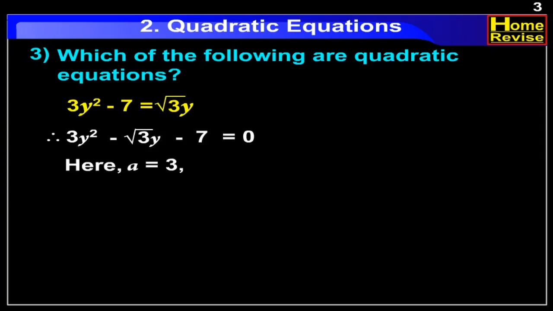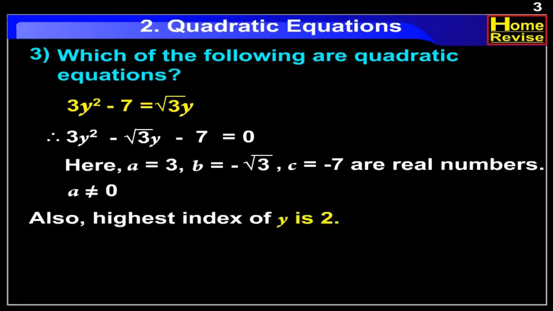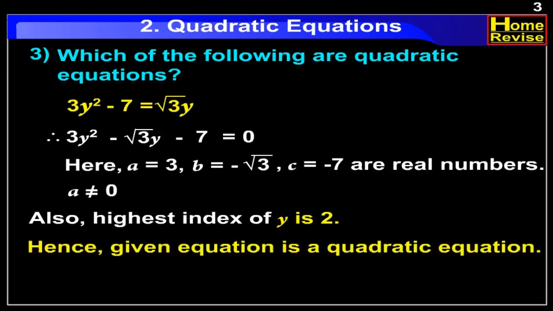Here, a is equal to 3, b is equal to minus root 3, c is equal to minus 7 are real numbers and a is not equal to 0. Also, the highest index of y is 2. Hence, the given equation is a quadratic equation.